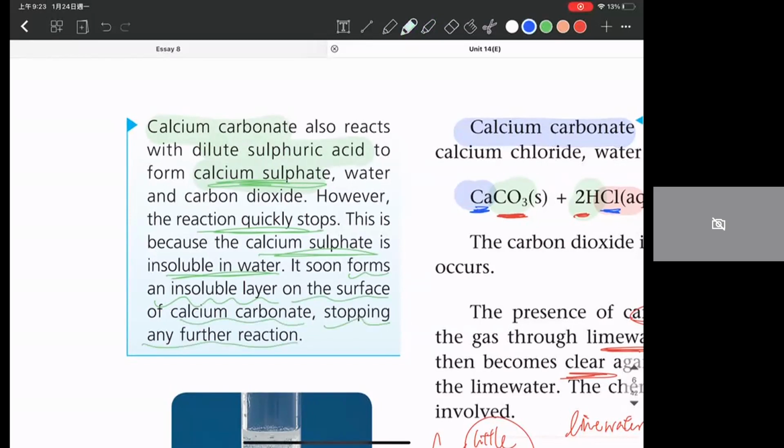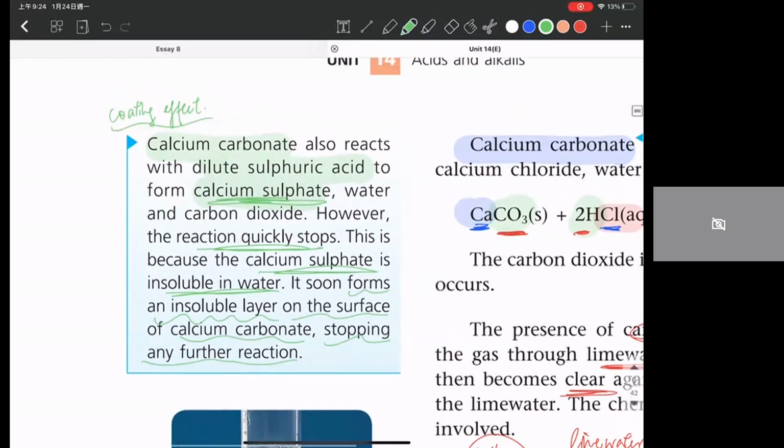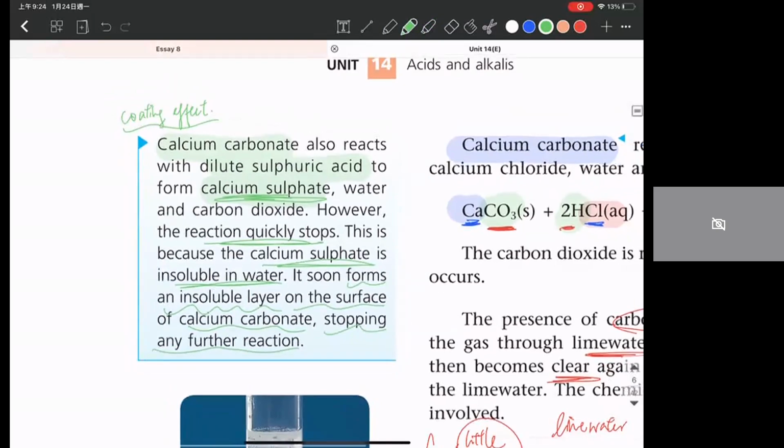Have you ever heard of this phenomenon? We call that coating effect. So what does it mean? Once I put a piece of calcium carbonate with H2SO4, what will happen?